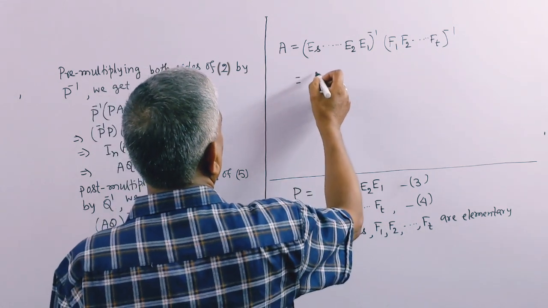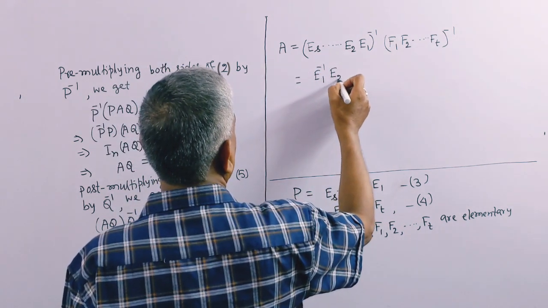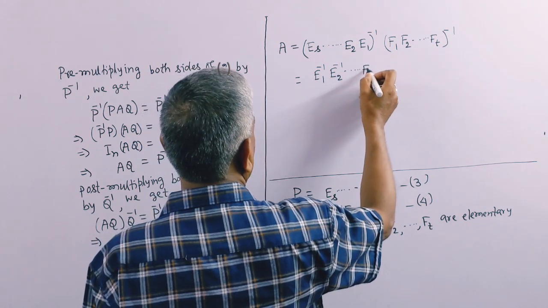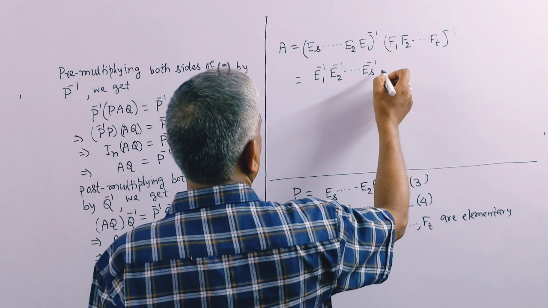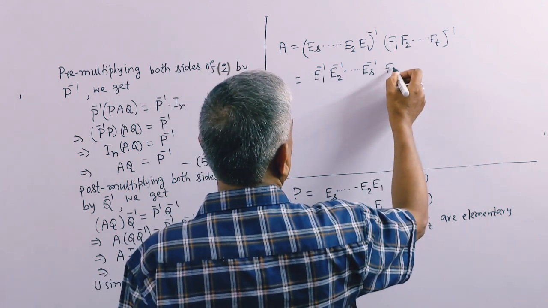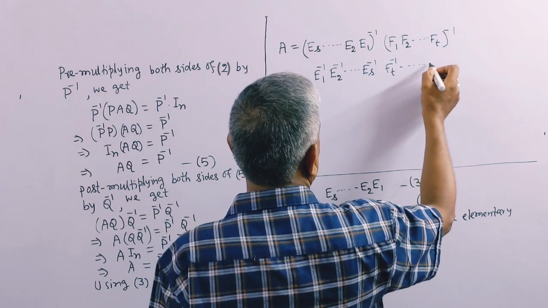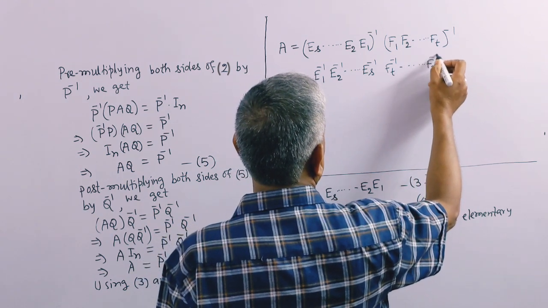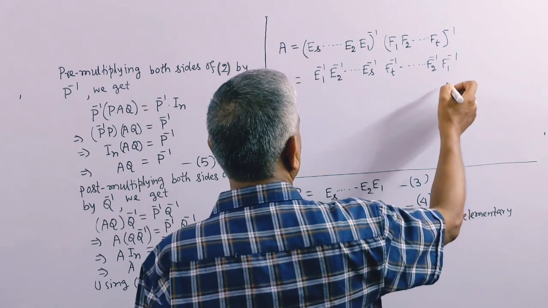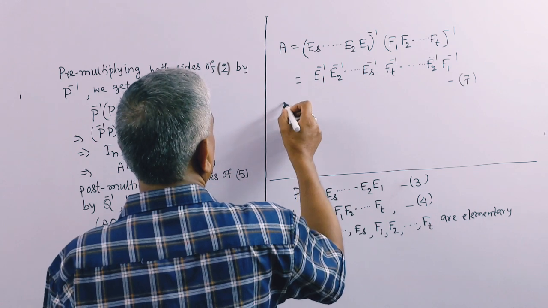This equals E1 inverse multiplied by E2 inverse multiplied by dot dot dot ES inverse, and this is Ft inverse multiplied by dot dot dot F2 inverse multiplied by F1 inverse. This is number 7.